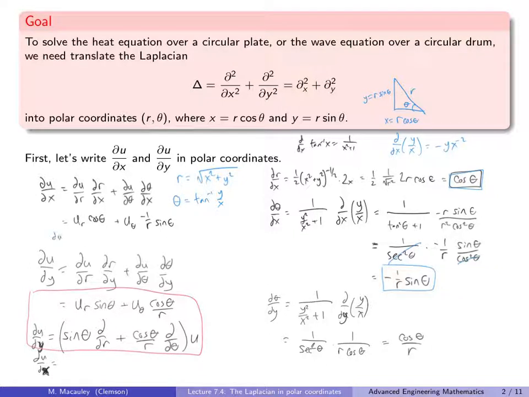So du dx equals cosine of theta times d dr minus 1 over r sine of theta times d theta applied to u. Okay, so that is important as well. So we're going to use this right away in the next slide.